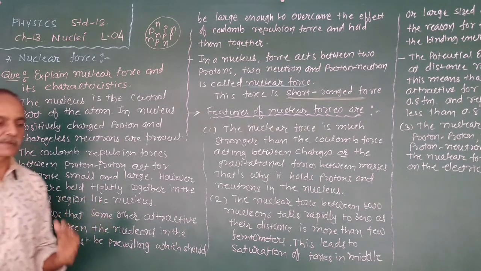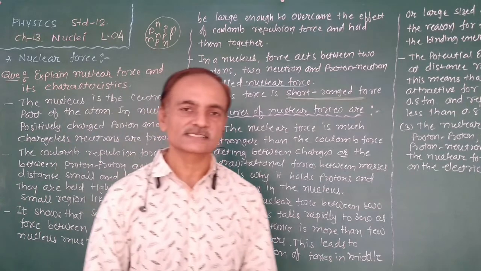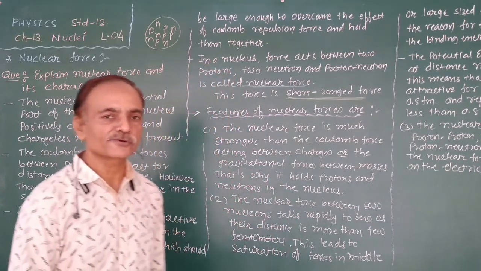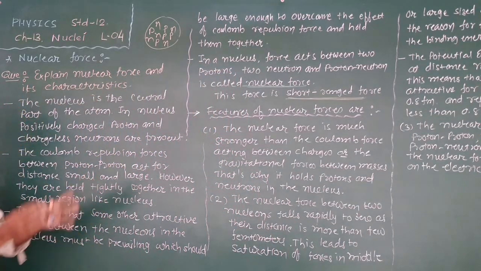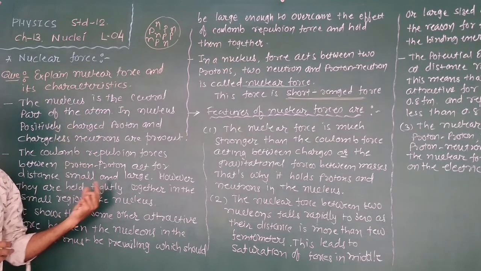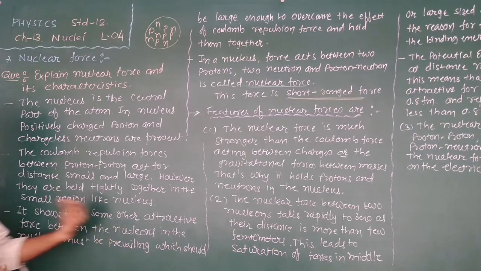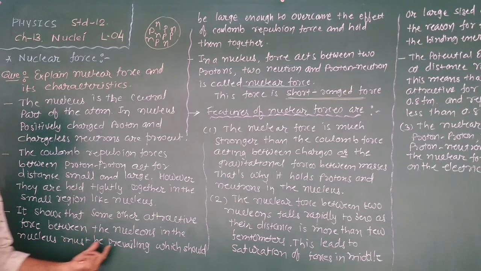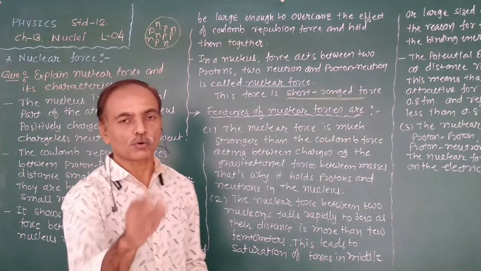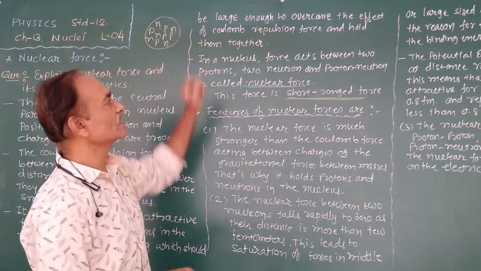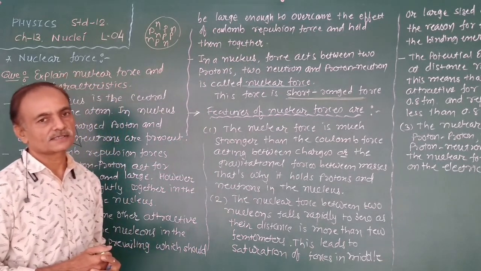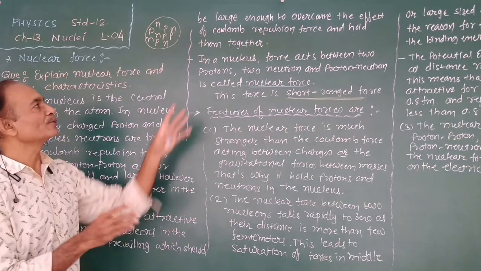So here the force of repulsion acts between the two protons. So why are the proton and neutron tightly combined together in the small central region, that means inside the nucleus? It shows that some attractive force between the nucleons in the nucleus must be prevailing, which overcame the effect of the Coulomb repulsion force and held them together.